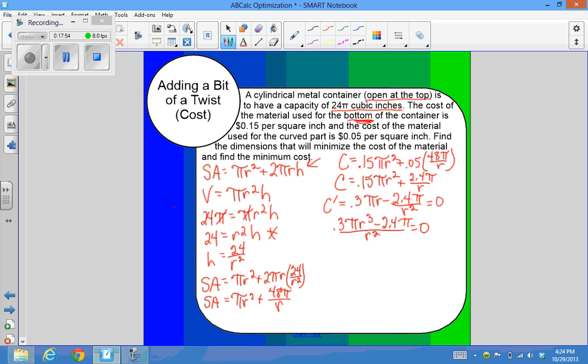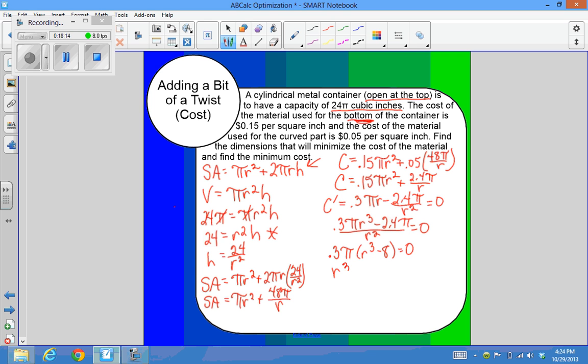So I can factor out a 0.3 pi from my numerator, which leaves me with r cubed minus 8. The 0.3 pi, when I divide by 0, is going to go away.